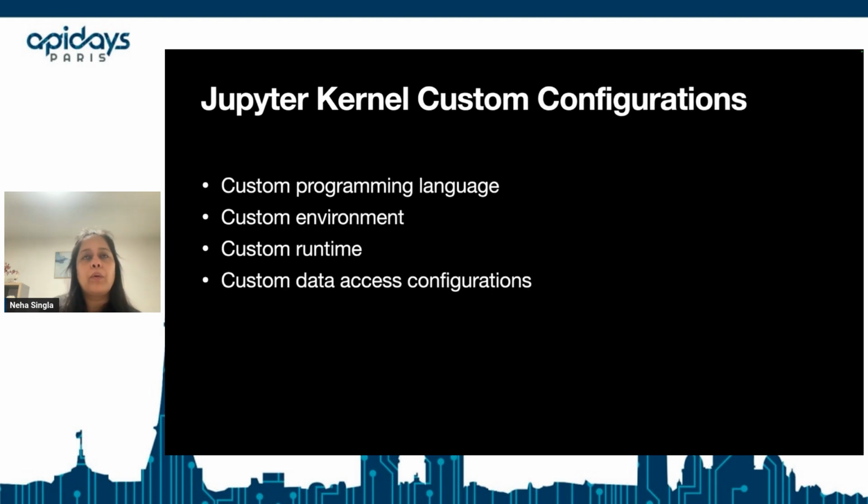Now, Jupyter also provides support for custom configurations. So there are some vanilla configurations provided, which you can use, but there are some custom configurations around each programming language. So Jupyter has support where enterprises or any other user who wants to add support for a different programming language or a different environment or different runtime, or different data access properties, they can add them and make it compatible for their use case and then use it.